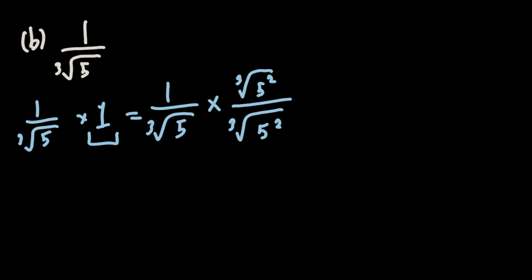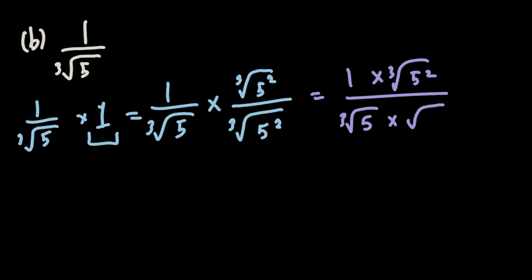So we will have here 1 multiplied by the third root of 5 to the power 2 over, here we will have the third root of 5 multiplied by the third root of 5 to the power 2. Let's see.